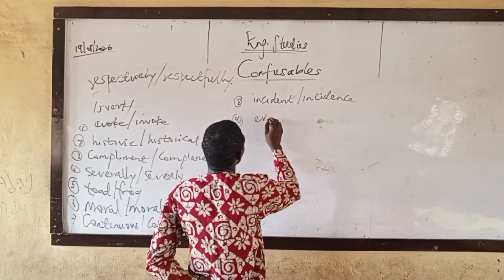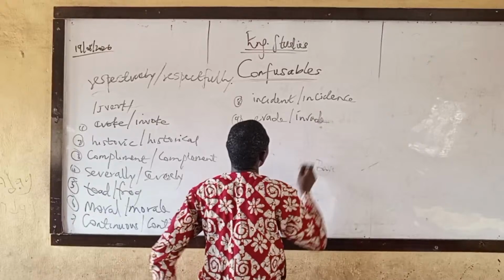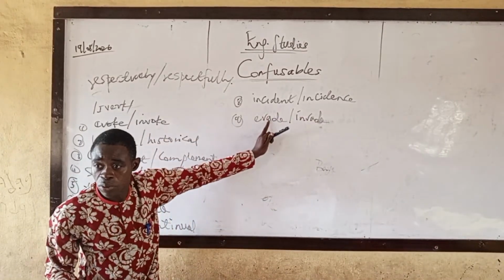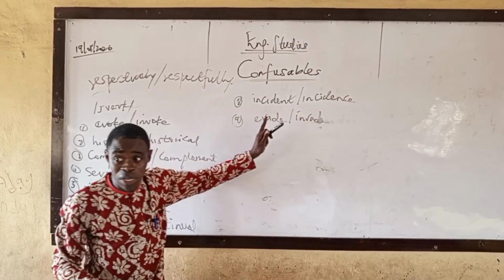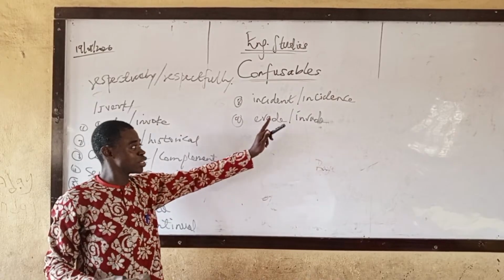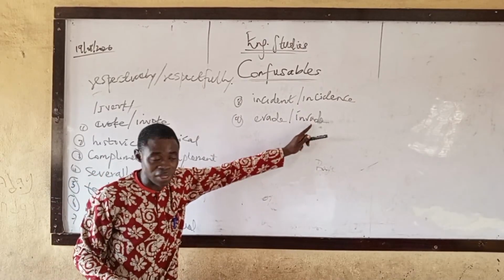Then I have evade and invade. To evade is to escape, to invade is to attack. You are trying to evade my question, escape. You are invaded by the enemy country. Take note of that.